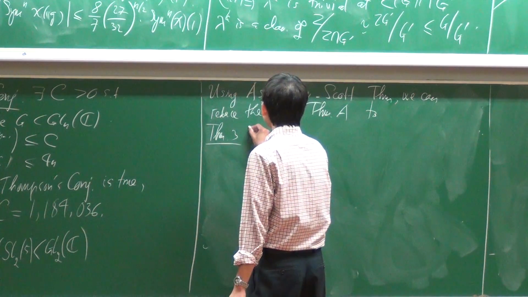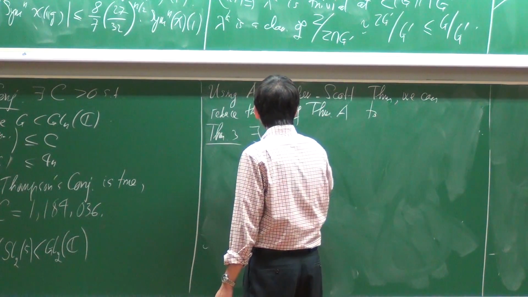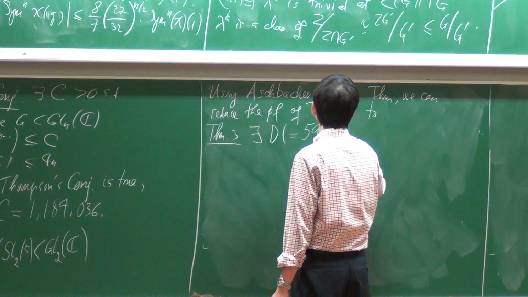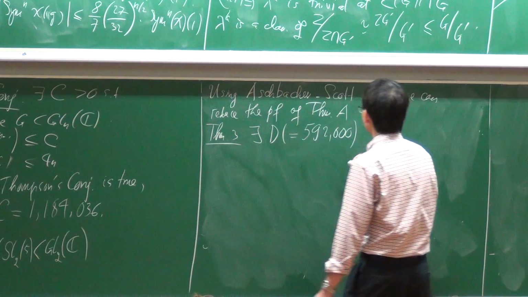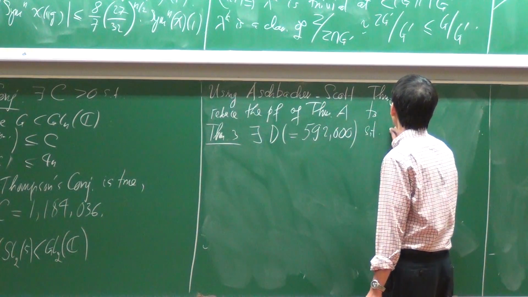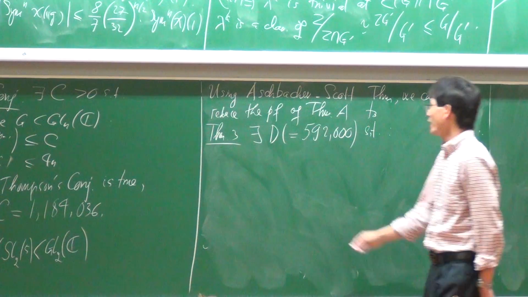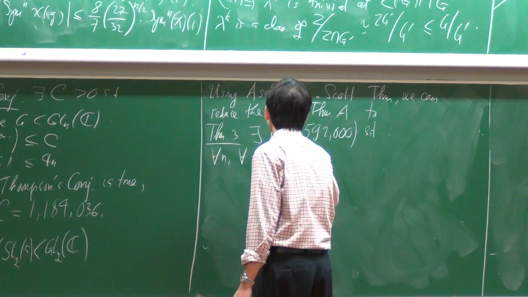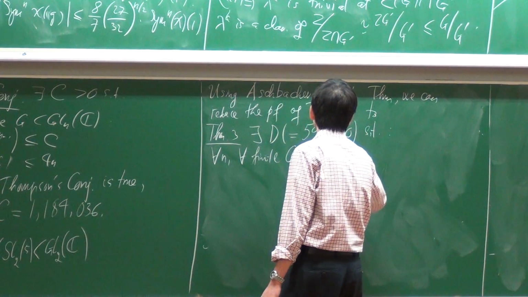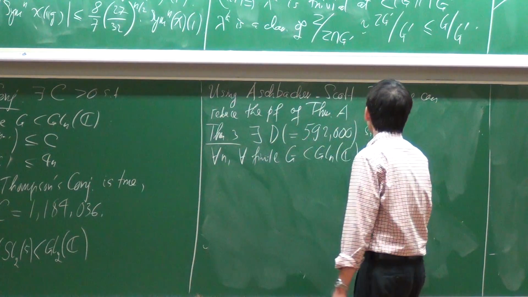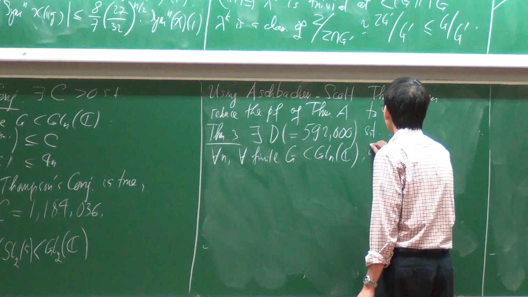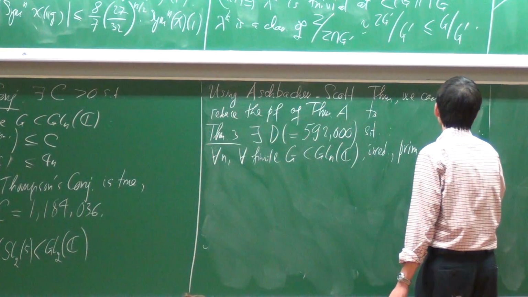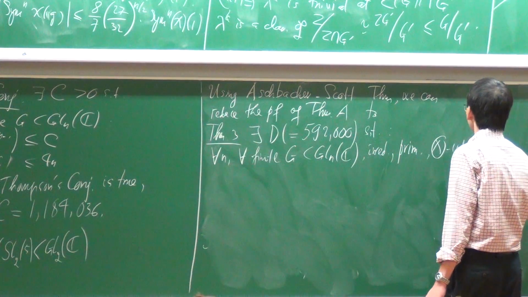Right. So there is a constant B which can be taken to be 592,000, such that the following holds. So for any finite G inside GL_n(C), and I'm going to assume that your G is irreducible, primitive, tensor indecomposable, and not tensor induced.